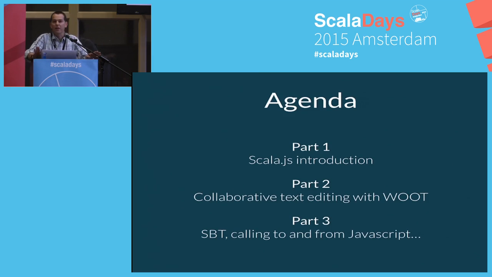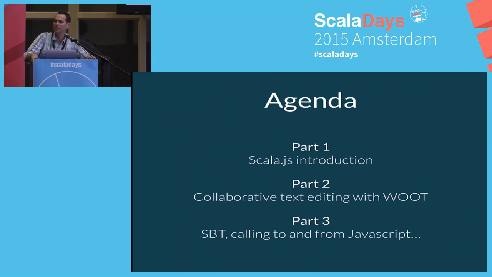This talk is in 3 parts. I'm not assuming any knowledge of Scala.js, and I'm just a user of Scala.js, so I'm going to run through a really quick introduction to it from my point of view. Then I'm going to introduce the example we're working with. This is a collaborative text editing tool, so think of Google Docs, and this is a fun project because it demonstrates server-side stuff, client-side stuff, sharing code, and many other things I think are great about Scala.js.